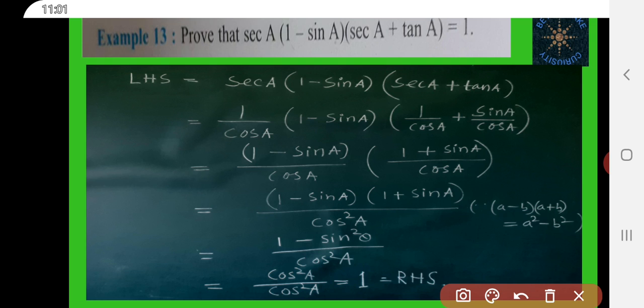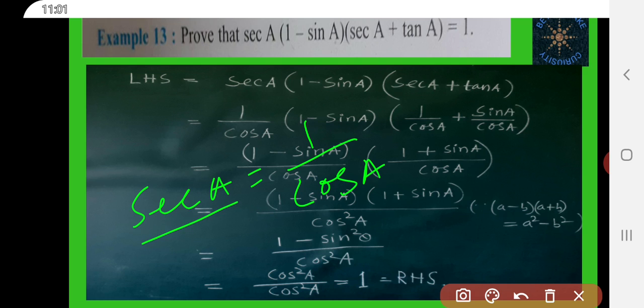Okay. So here, given left hand side: sec a into 1 minus sin a into sec a plus tan a. You know that sec a is the reciprocal of cos a, so you can write sec a is equal to 1 by cos a.